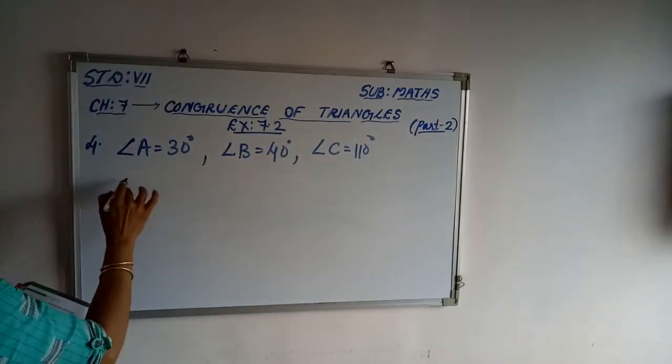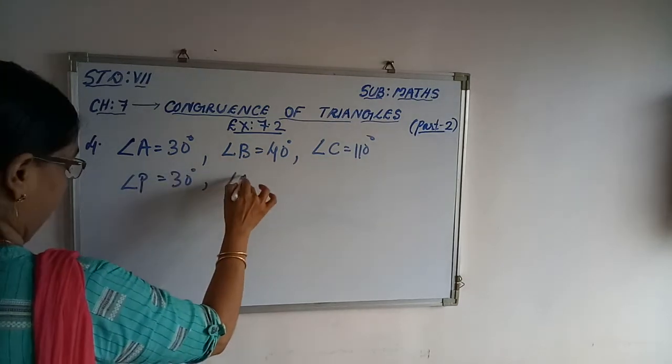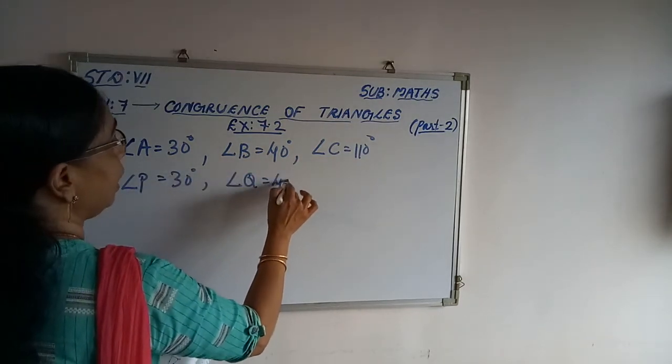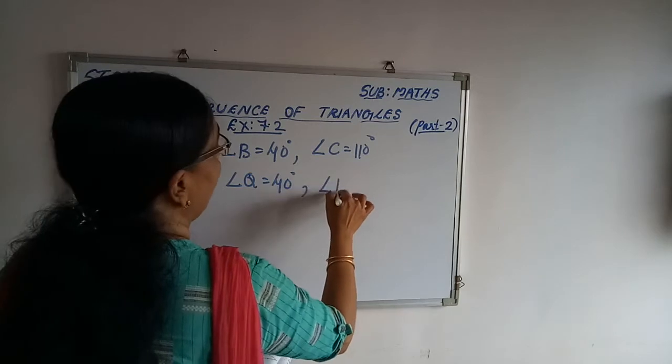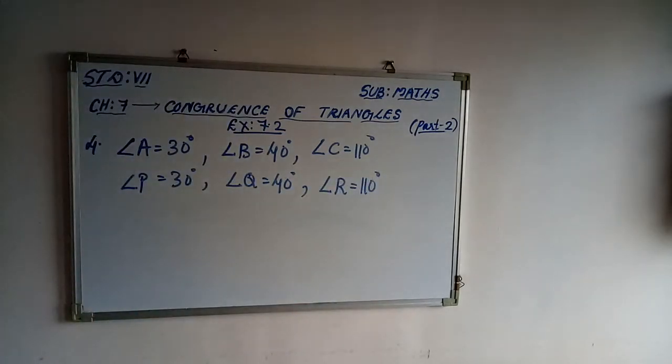And in triangle PQR, angle P is equal to 30 degrees, angle Q is equal to 40 degrees, then angle R is equal to 110 degrees. So the question is, a student says that triangle ABC is congruent to triangle PQR by the AAA congruence criterion. Is he justified? Why or why not?